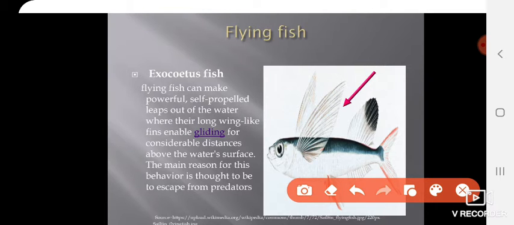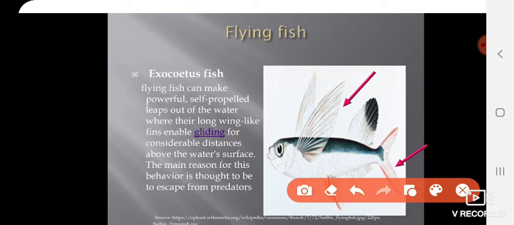Then when you see their caudal fin, the lower lobe is larger and stronger compared to the upper lobe, so that this fish can lift its body from the water and fly, because the caudal fin provides a strong stroke into the water.